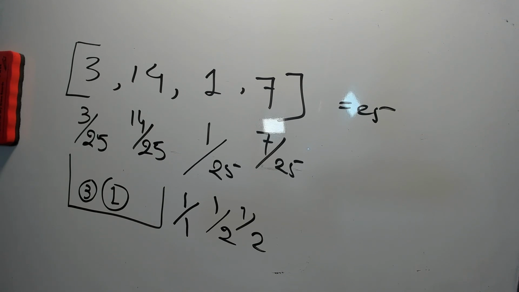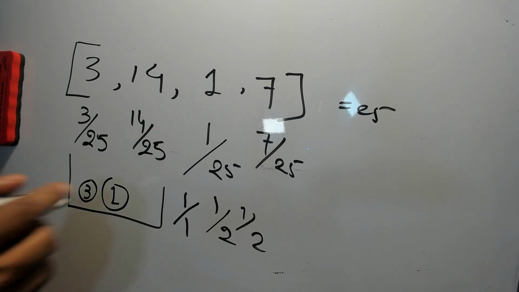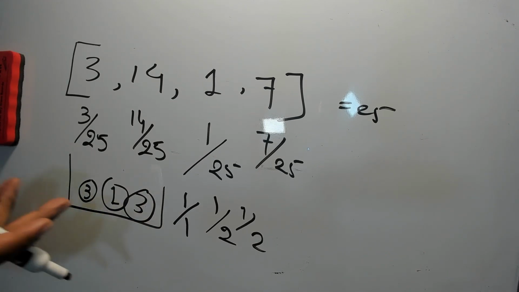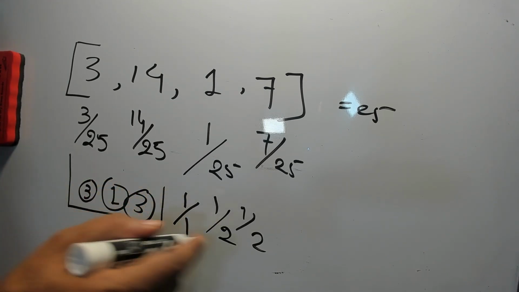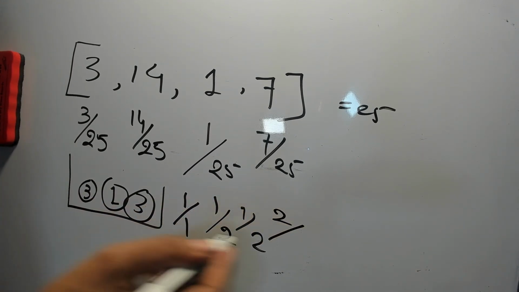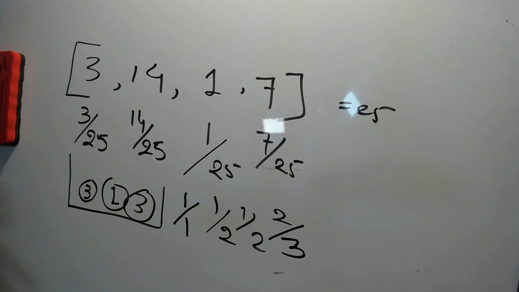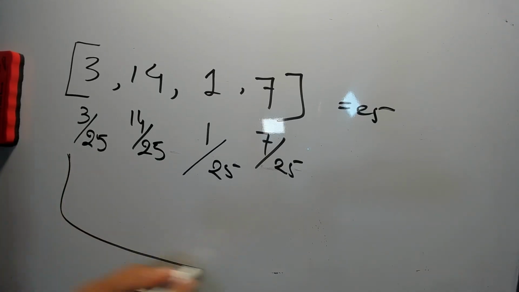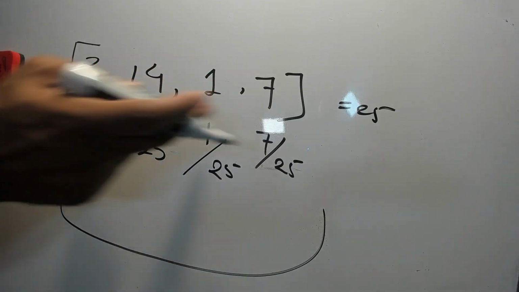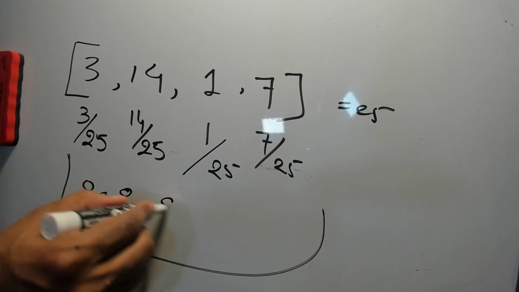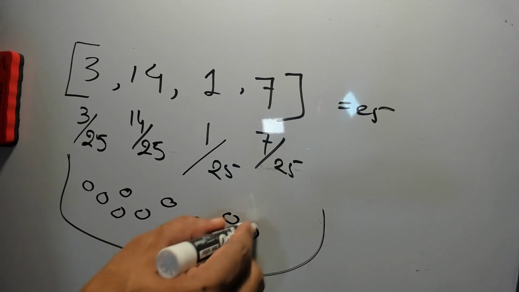What if there are 3 coins total, and now what is the probability of getting 3? The probability of getting 3 here is 2 divided by 3. Consider that for this example, we have 25 coins.